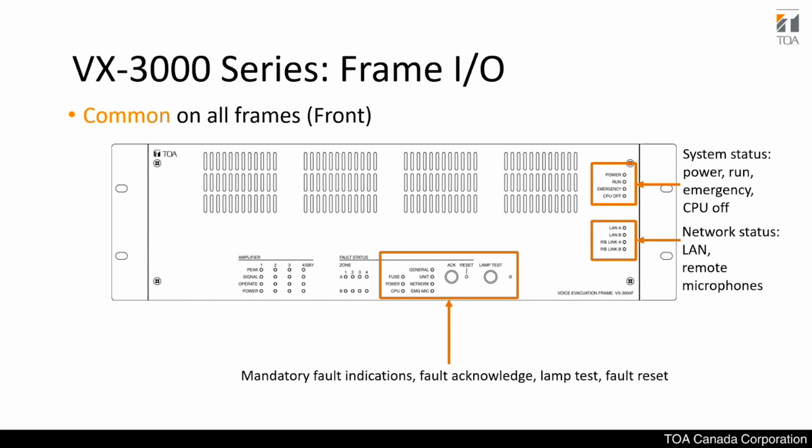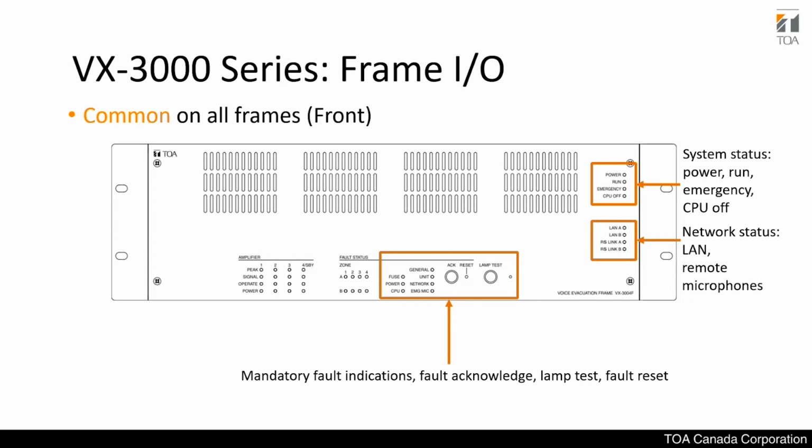They indicate power status, whether the CPU is running, and whether emergency has been triggered. On the bottom, it shows the LAN activity of your ports A and B. RS link, the port used for connecting the microphones, is also indicated there, showing whether the mics connected to this particular frame are active.